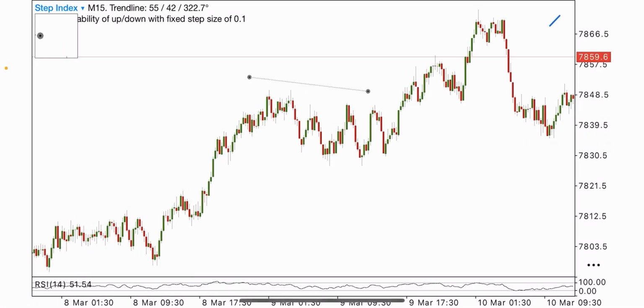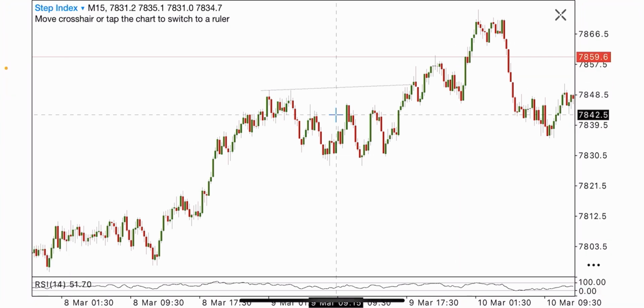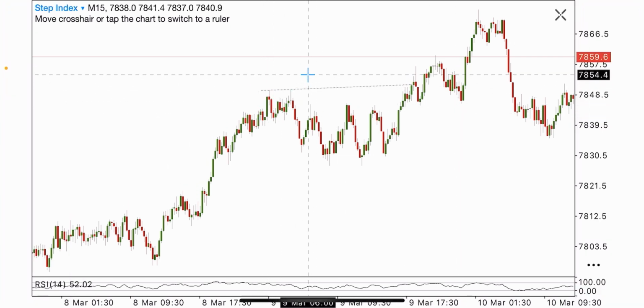So these are higher highs, in this case I call it break of structure. This is our higher high here. Yeah, this is our higher high here.